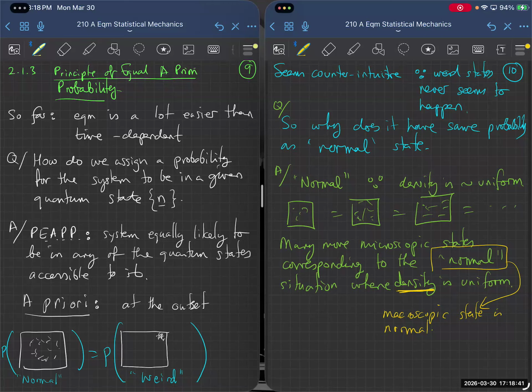So what I've just told you is that the probability of finding a given macroscopic situation is proportional to the number of microstates that represent it.